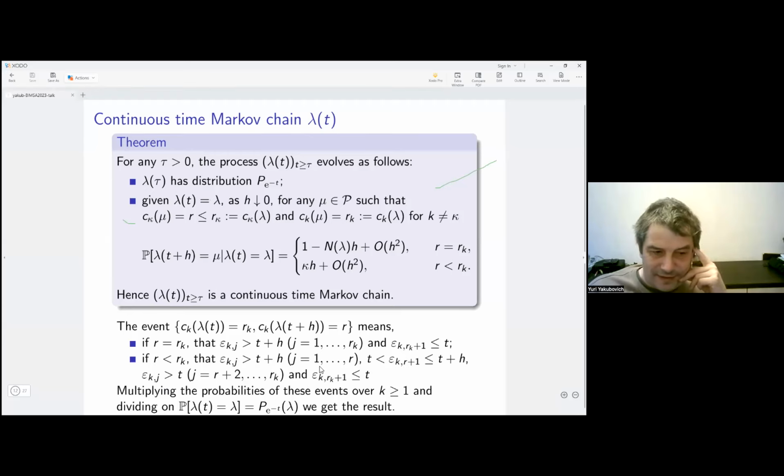And finally, in order to have lambda, the next one should be less than t. Then just writing down these probabilities, you immediately see that these formulas hold, and actually this is the condition for this process to be a continuous time Markov chain.